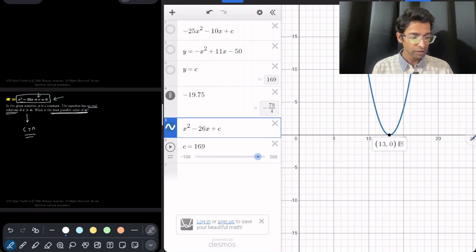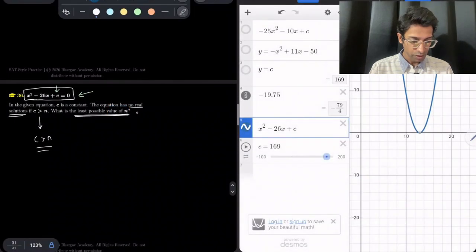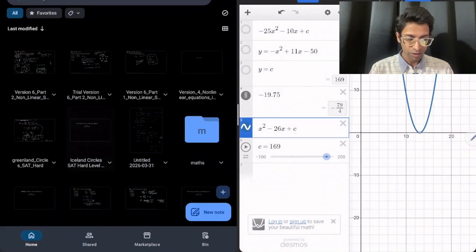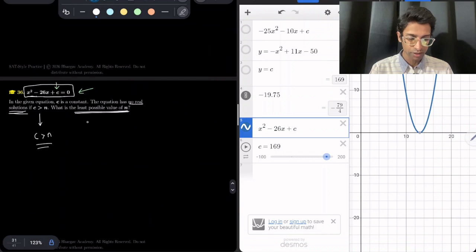Yes, so at 169, this particular equation has exactly one solution, and at c greater than 169, it has no real solutions. So the question that he has asked you is, the equation has no solutions, that's the condition. What is the least possible value of n? He's asking you the value of n.